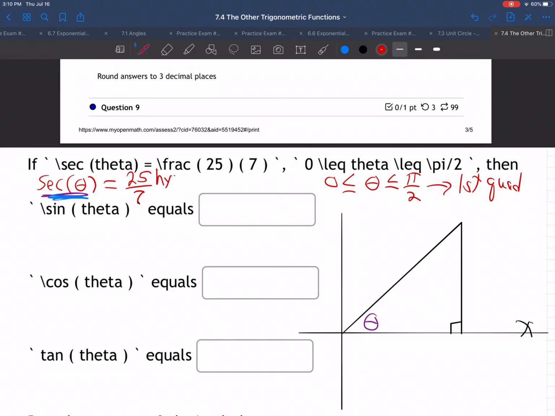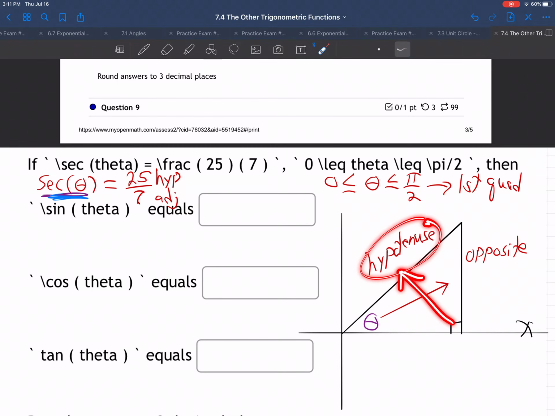So let's use that, hypotenuse over adjacent. So the hypotenuse must be 25. Oh, by the way, what are these sides? Let's make sure this is clear here. This is the opposite side, right? This is the side across from theta. This side's the hypotenuse because it's the side across from the right angle.